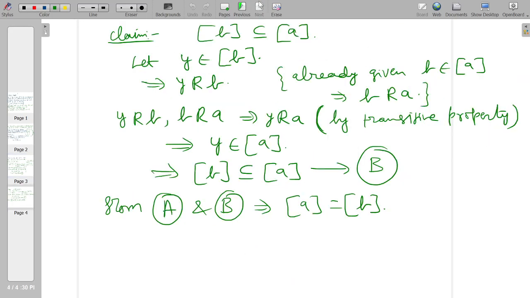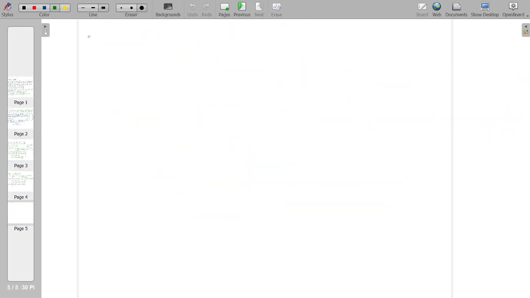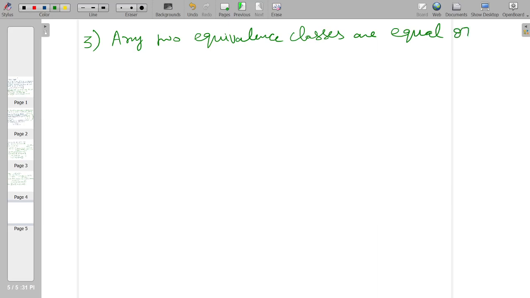Now I will move to property 3. Any two equivalence classes are equal or disjoint.